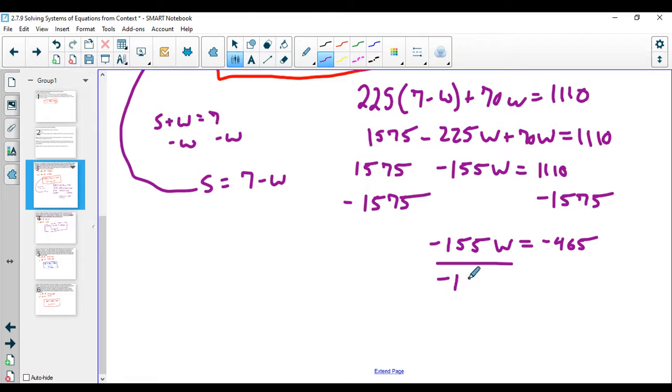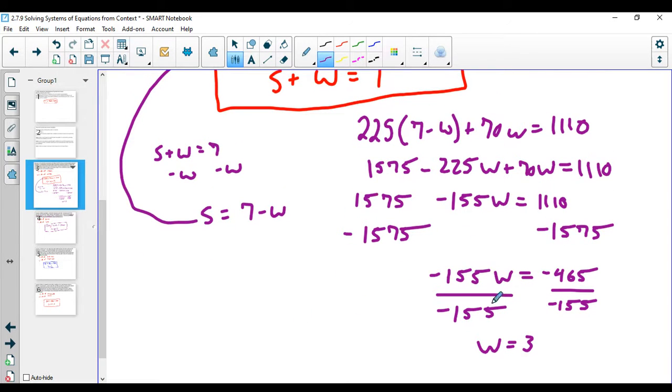Then divide by negative 155. And we get that the wings, w equals 3.